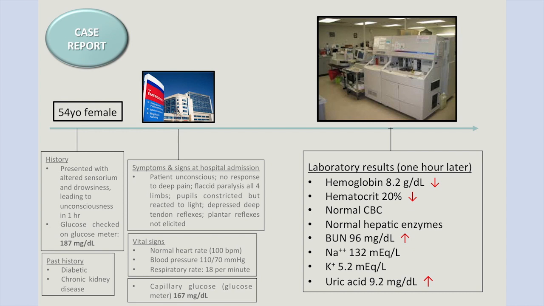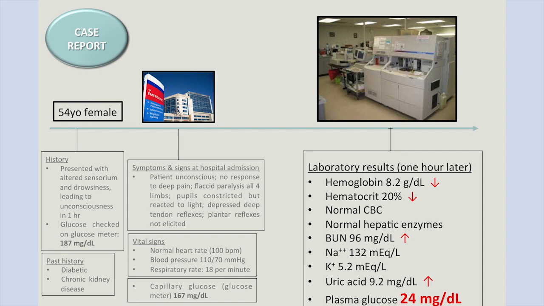There are other glucose meters that have been reported to be affected by sodium. This patient's sodium isn't an issue, but extremes in sodium have been shown to affect glucose meters. Uric acid too, but the real punchline here is the plasma glucose. My goodness, we're going from a 187 now to a 24.